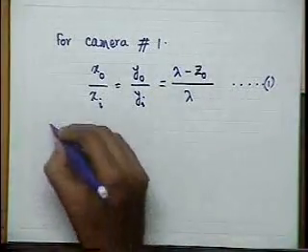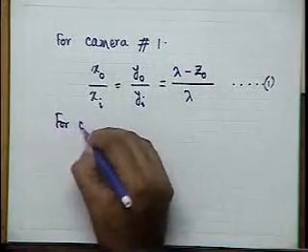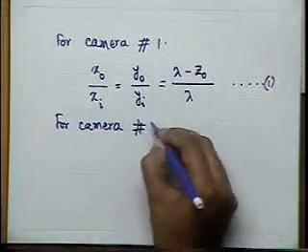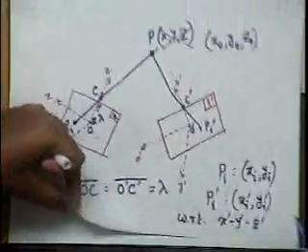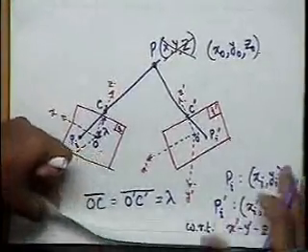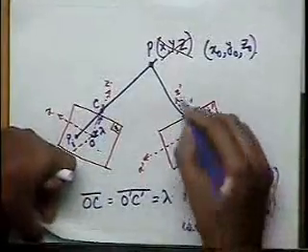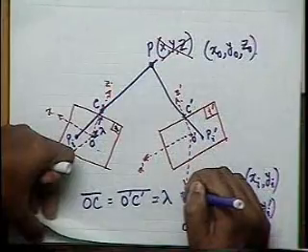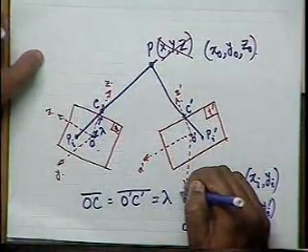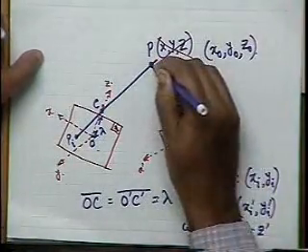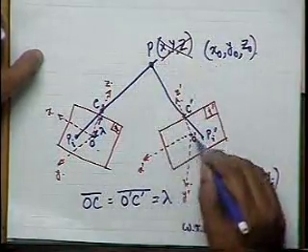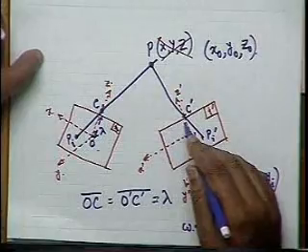All right, and for camera number 2, if I want to make the representation with respect to the x prime, y prime, z prime coordinate system, then I should better represent this point P with respect to the x prime, y prime, z prime coordinate system.